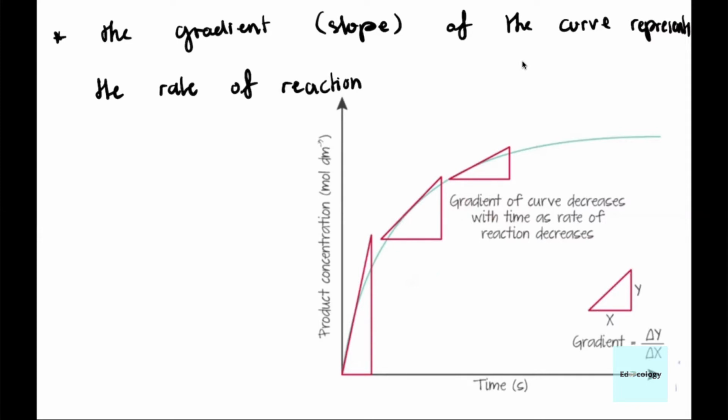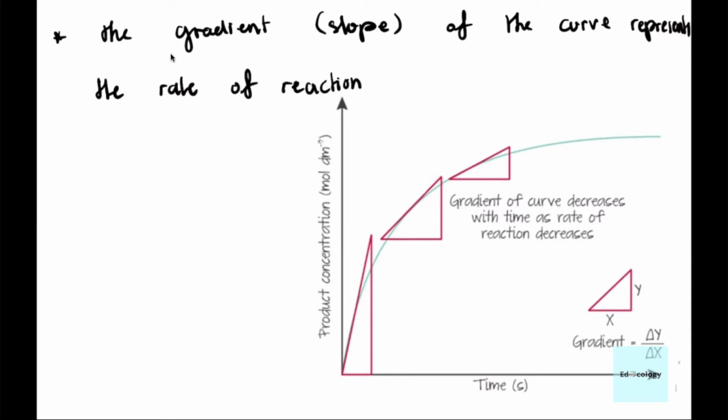Now here, at the beginning of the graph, you see that the slope is very big, which means it's very steep. So the steepness of the gradient here is greater than the steepness in the gradient here, or here, or here, which means that the reaction rate here is faster than the reaction rates here and here and here.